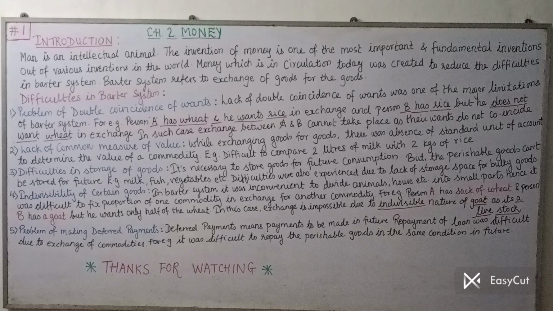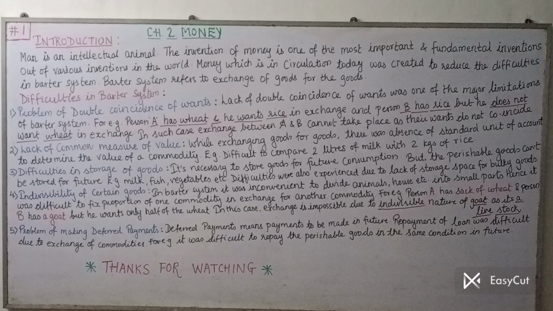Hence, it was difficult to fix the proportion of one commodity to be given in exchange for another commodity. For example, supposing person A has a sack of wheat of say 50 kg or 30 kg, whatever, and person B has a goat.